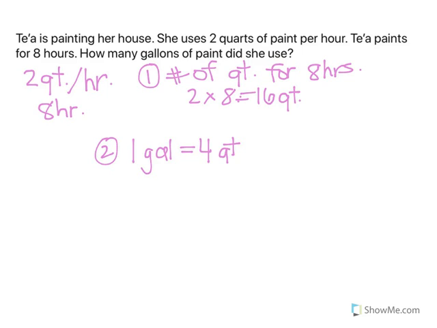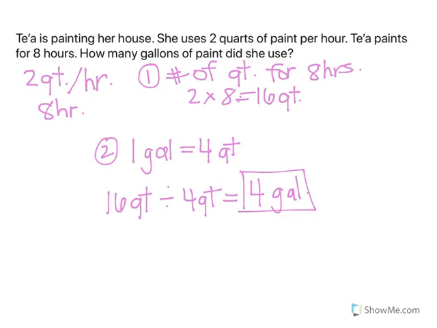So if I have 16 quarts, I'm going to divide, because I'm taking a smaller unit of measure and going to a larger unit of measure. So I'm going to take 16 quarts and I'm going to divide it by 4 quarts. And that is a mental math fact, so I'm not really going to divide it out. And I get 4 gallons of paint. So Miss Tia goes through 4 gallons of paint in 8 hours painting the house.